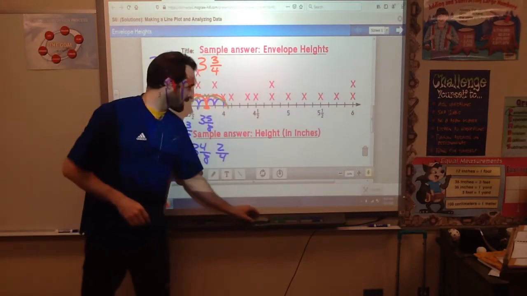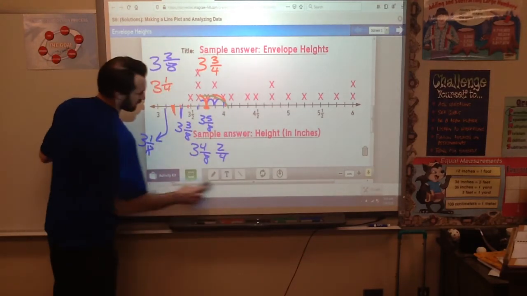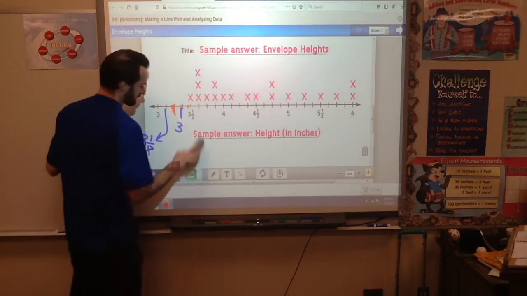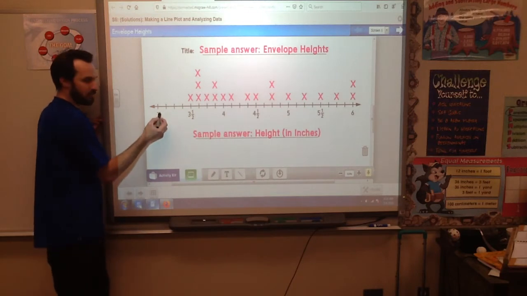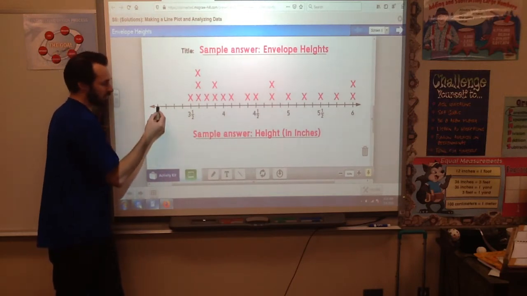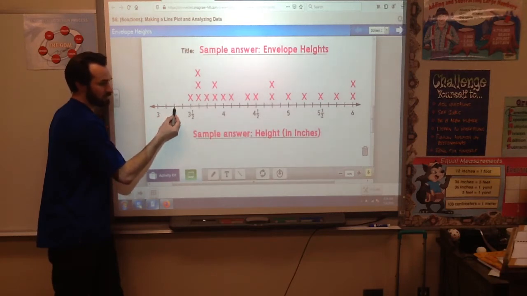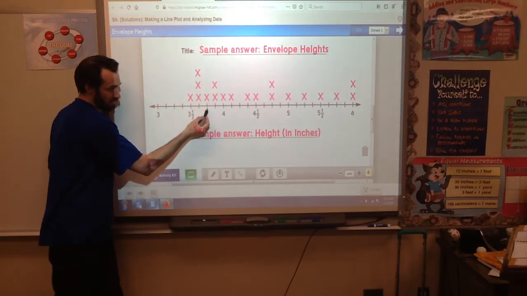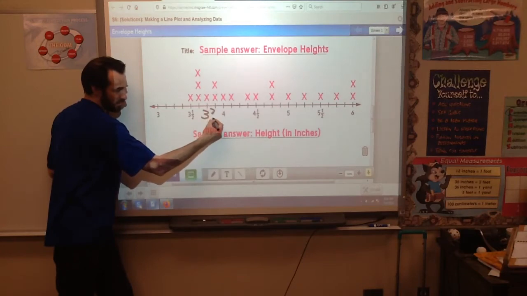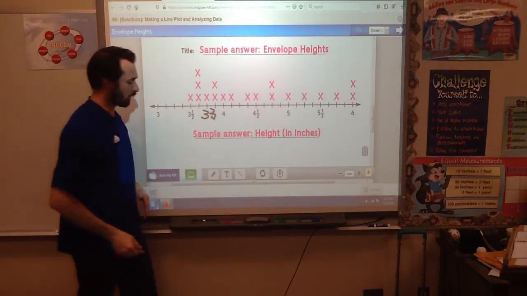So that's the thing that you have to remember, as you're going through this, and you're counting all the different jumps, and we're trying to figure out what they are, every odd numbered one has to be an 8. 3 1/8. 3 2/8 could be 3 1/4. 3 3/8, 3 1/2, 3 5/8, 3 7/8. This one we skipped. It's 3 6/8, but you could also write it as 3 3/4. And then that would be 4.